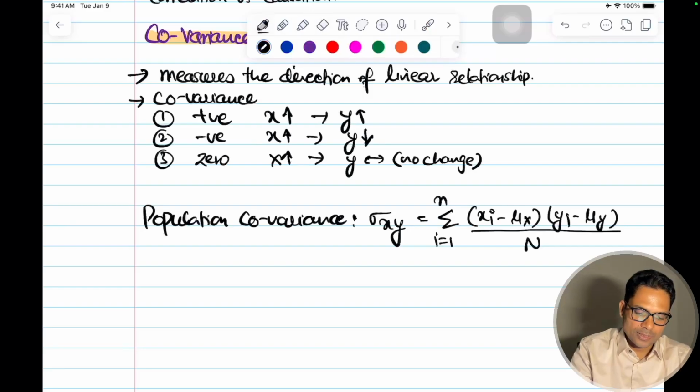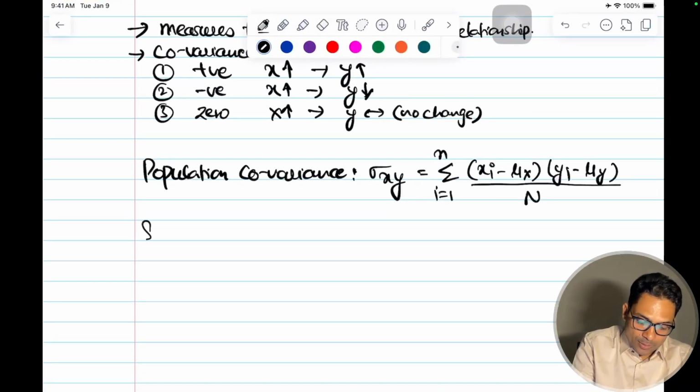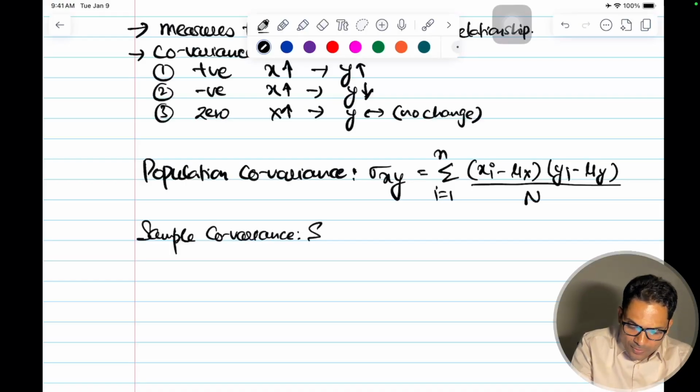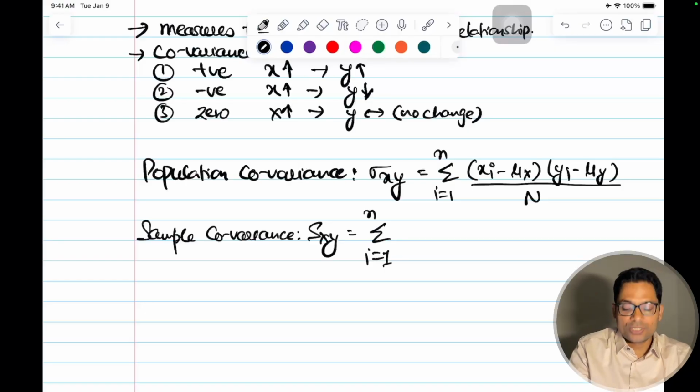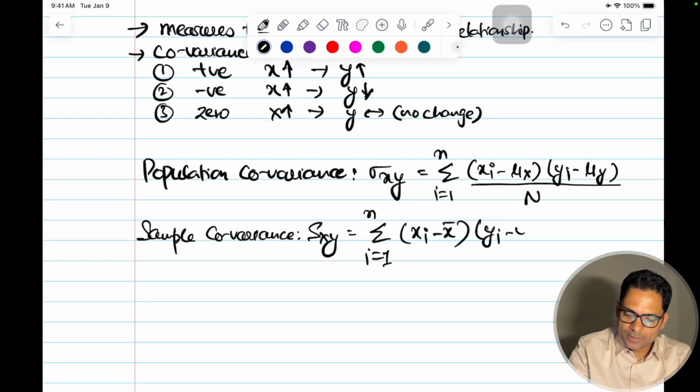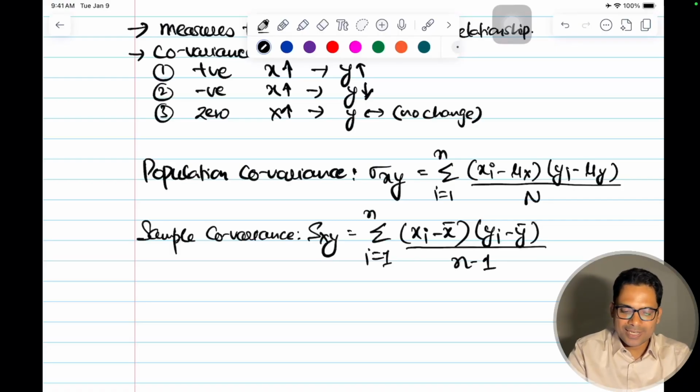This is population. Similarly, there is a sample covariance, for the sample that I have. This is given by S of xy, equal to the sum from i equal to 1 to n, similar, but instead of the population mean, the sample mean comes in: xi minus x bar, where x bar is the sample mean, and yi minus y bar. This would be divided by n, but that is a biased estimate, so we divide by n minus 1.